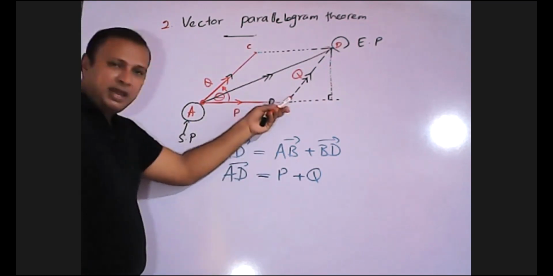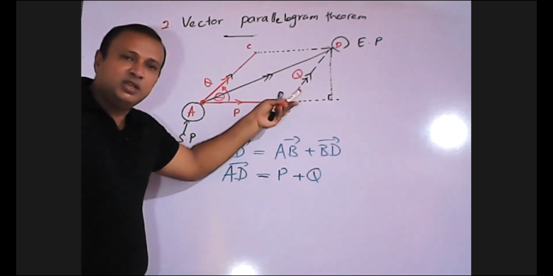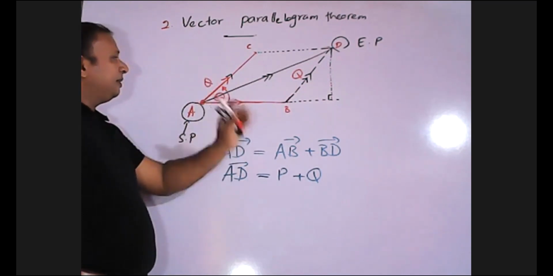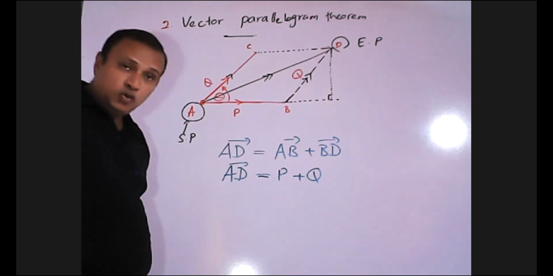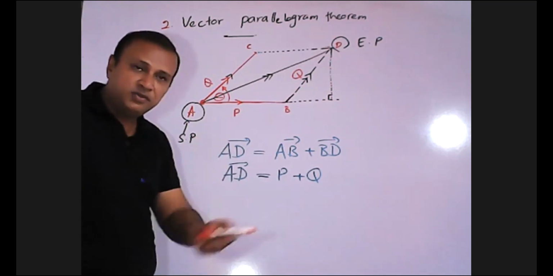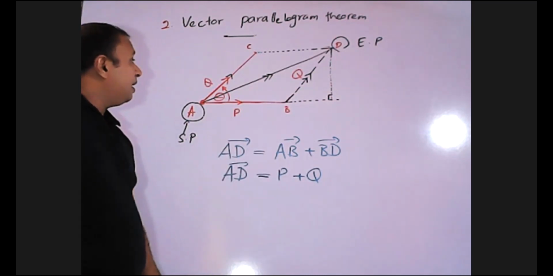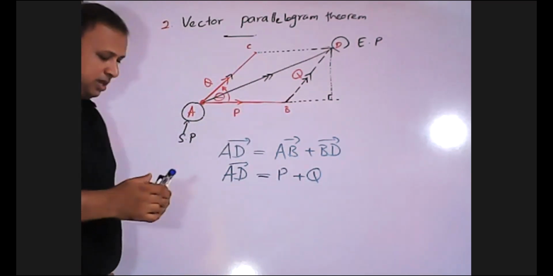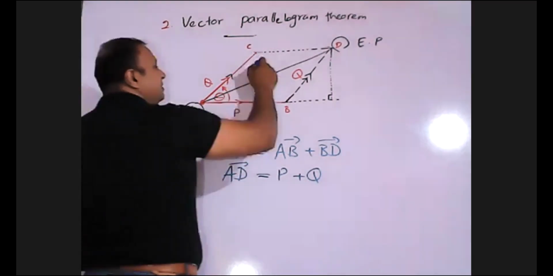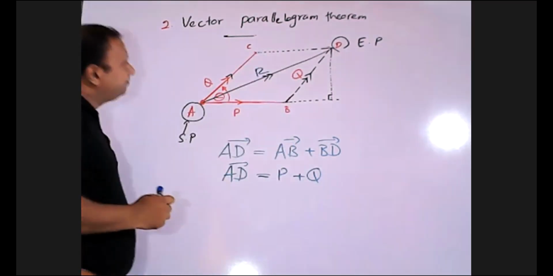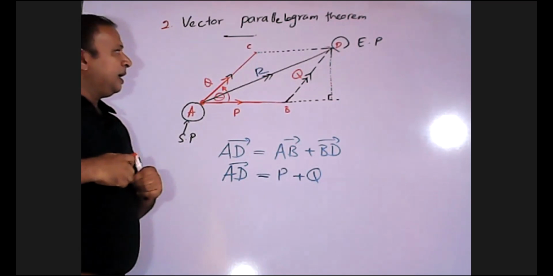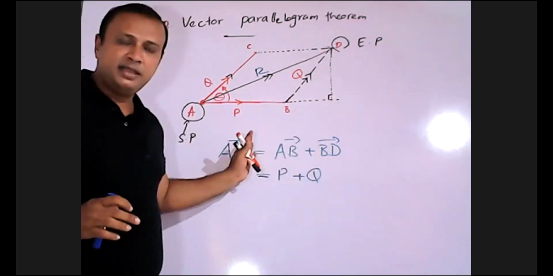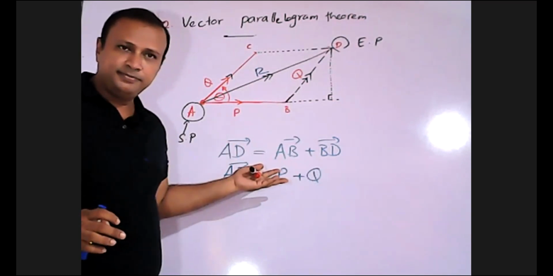Actually, we have applied the principle of vector addition here, but we can use our trigonometric and geometrical knowledge to evaluate the magnitude and the direction of this resultant vector. Everyone, I need your responses. Did you get my point?